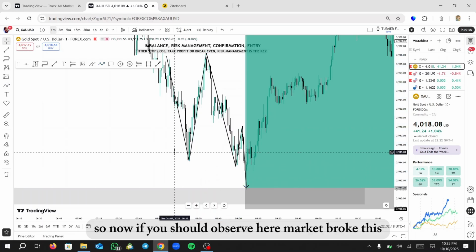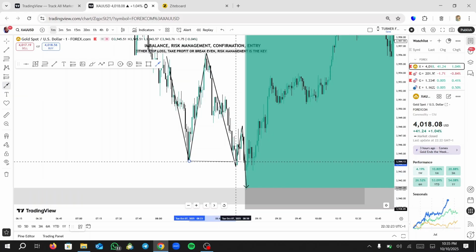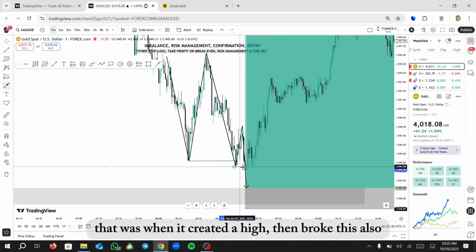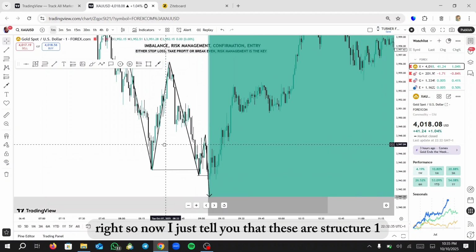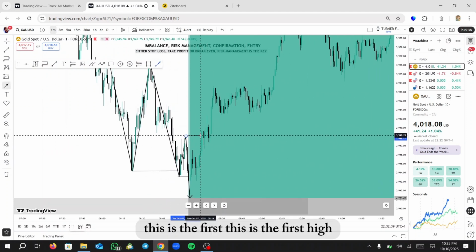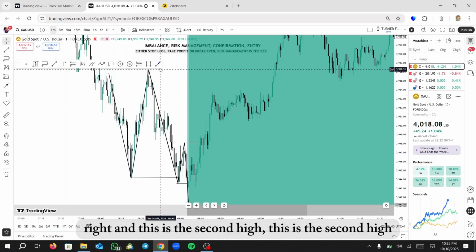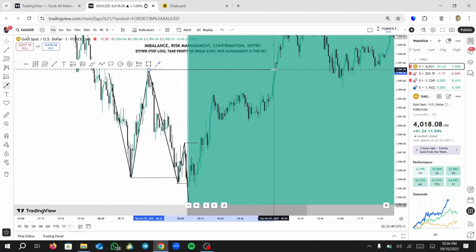Now if you observe here, the market broke this, that was when it created a high, then broke this also, right? So that is to tell you that this is our structure 1, the first high, and this is the second high.